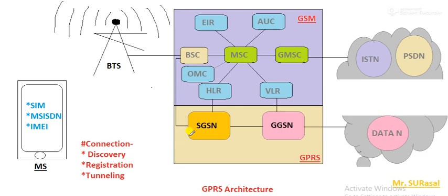GPRS has two additional components, that is the Gateway GPRS Support Node and the Serving GPRS Support Node. You can see here this BSC is connected to the SGSN, and SGSN is further connected to the HLR also.